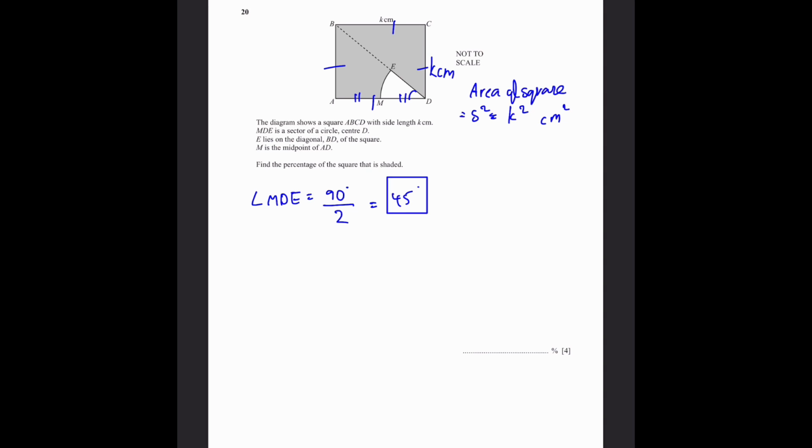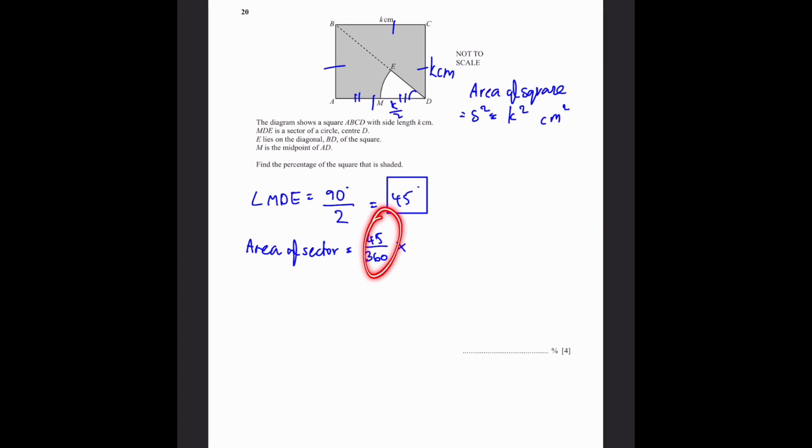Now we can find the area of the sector in terms of k. So area of sector is equal to 45 by 360 into the area of the full circle. So what's the radius? It's k by 2, because the full length is k, half of it is k by 2.